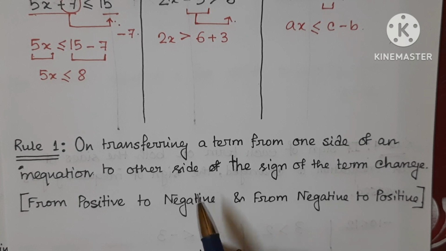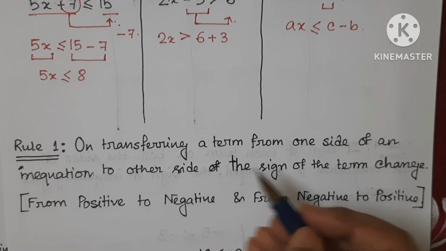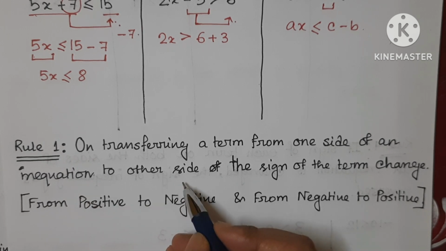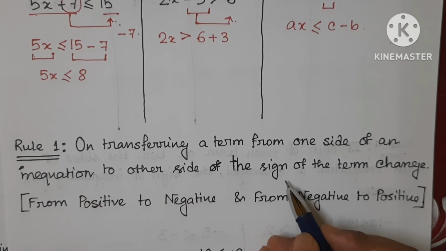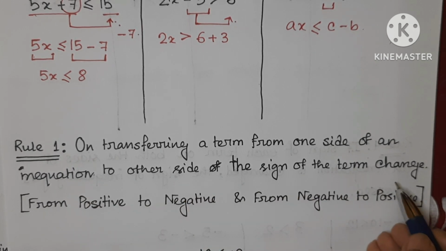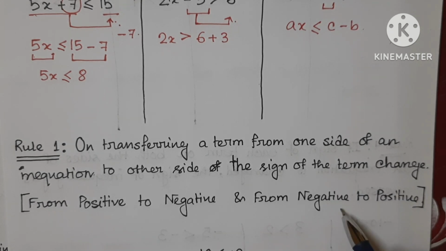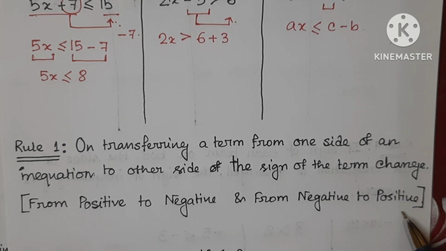On transferring a term from one side of an inequation to the other side, the sign of the term changes, from positive to negative and from negative to positive. So this was our first rule.